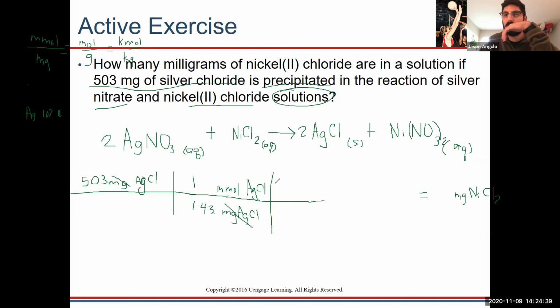Two silver chloride on the bottom, and one nickel chloride on top. So 2 moles of silver chloride equals 1 mole of nickel chloride.